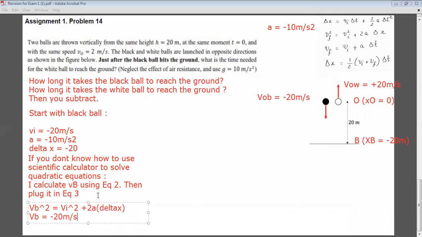So I leave it for you to do this calculation. This is for the black ball. Now I do the same for the white ball. So let's do it in a different color.